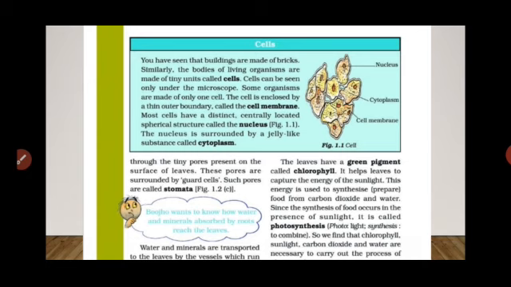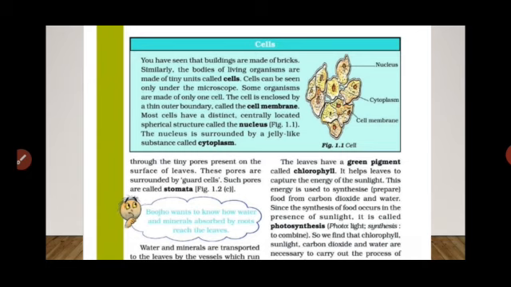You have seen that buildings are made up of bricks. Similarly, the bodies of living organisms are made up of tiny units called cells. Means students, we often see that buildings are made up of bricks, because the bricks give shape and a stand for the wall or the home or buildings.